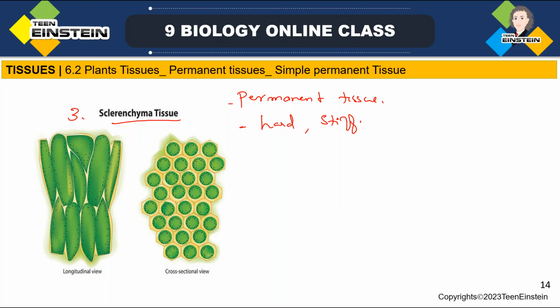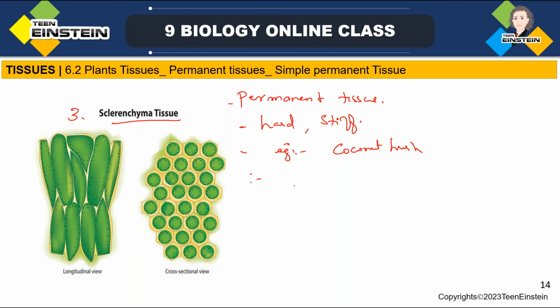An example is the coconut husk, which is made up of sclerenchymatous tissue.